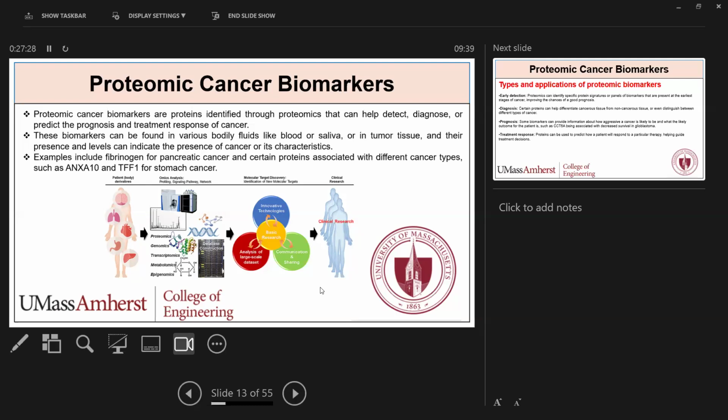They are nothing but the proteins that can help detect, diagnose, or predict the cancer, the prognosis and treatment. These biomarkers are present in various bodily fluids like blood, tissue, or tumor tissue, and the presence and the levels indicate the presence of cancer or its characteristics.